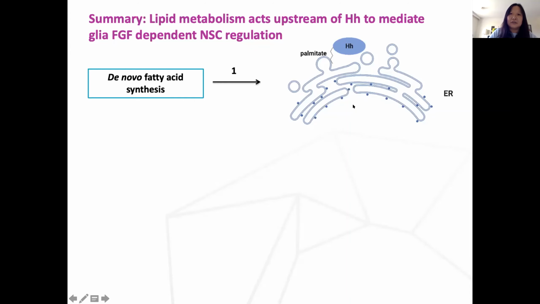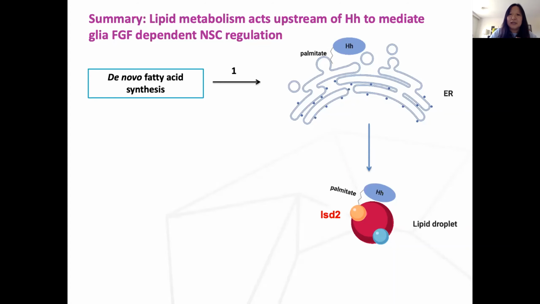In addition to this mechanism, we also have some preliminary data showing that at the step where palmitoylated hedgehog is then assembled onto the lipid droplets, an enzyme called LSD2, which competes for spots on these lipid droplets against lipases, is also relevant.